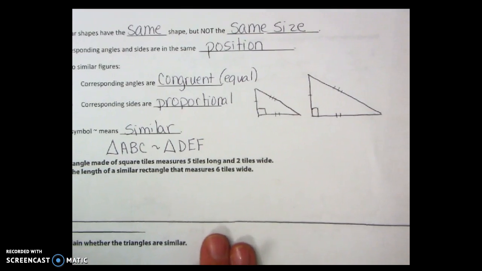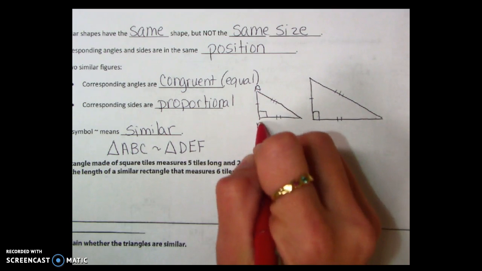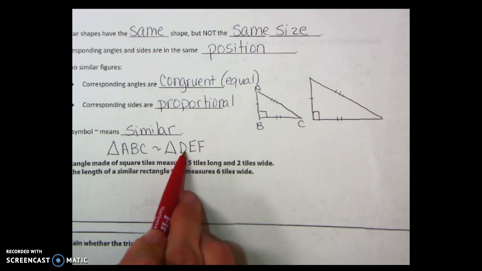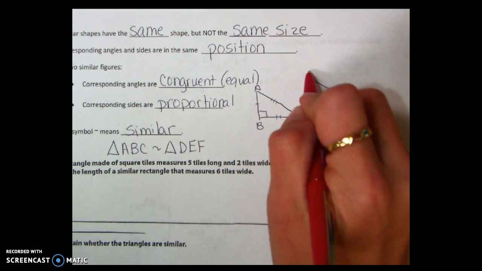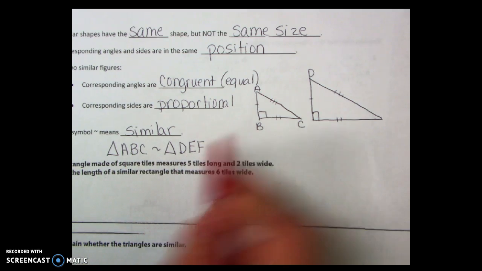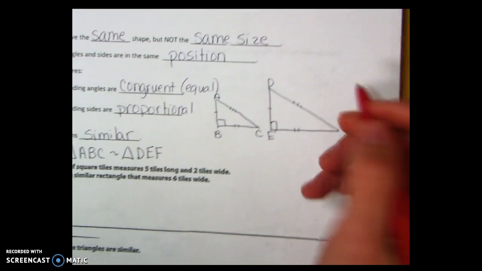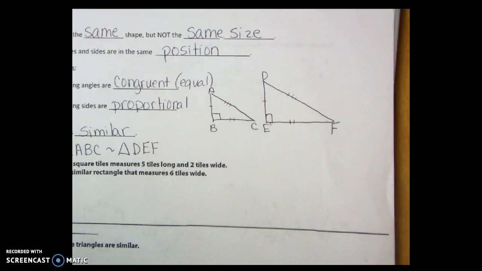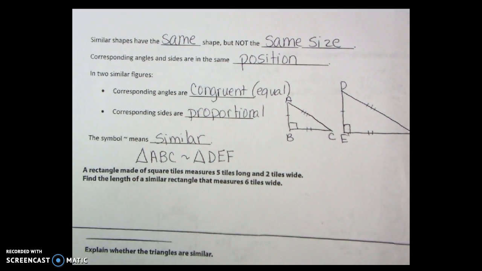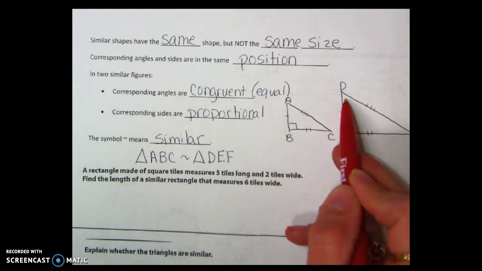And now if we wanted to label these triangles, if this one was ABC, since A corresponds to D, this would be a D, angle B corresponds to E, so this angle would be E, and C corresponds to F, so this one would be the F. So looking at these angles, this angle and this angle would be equal.